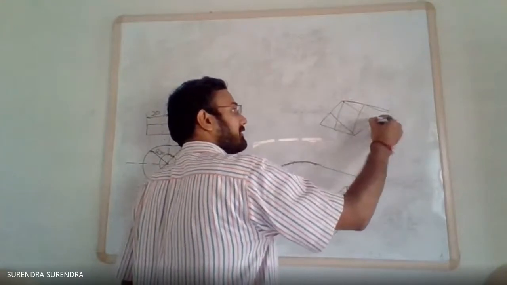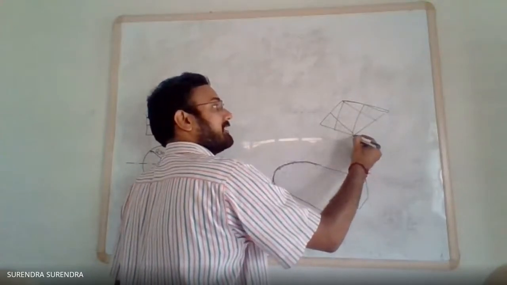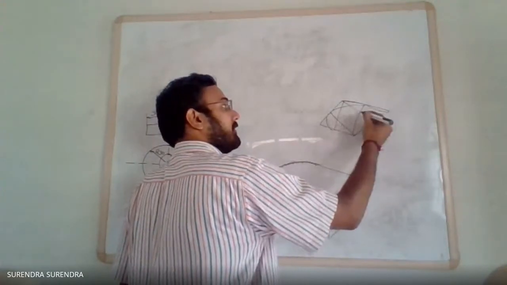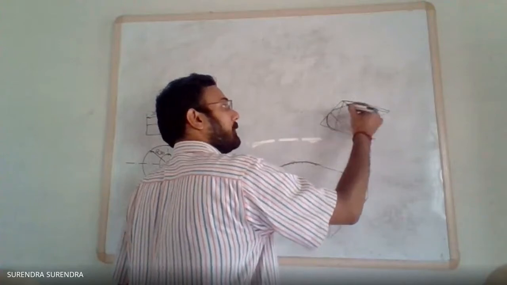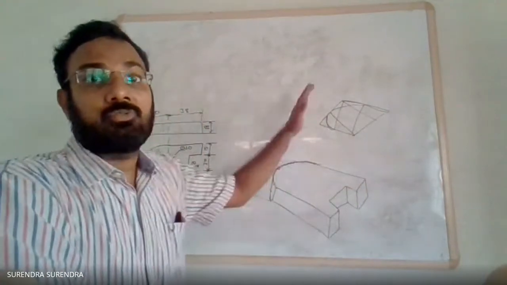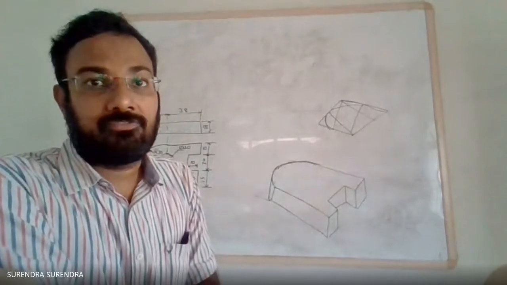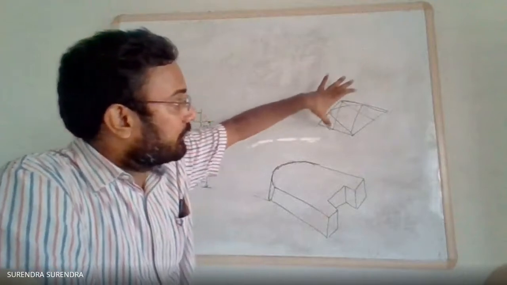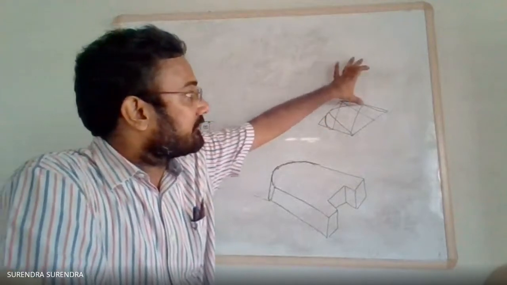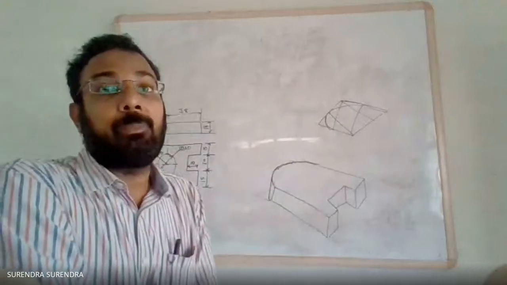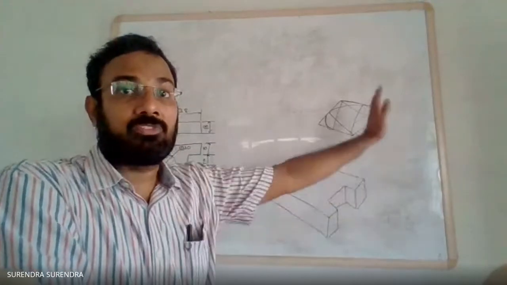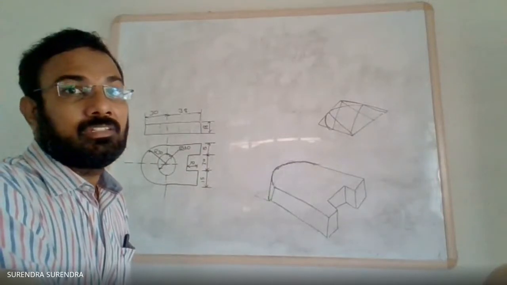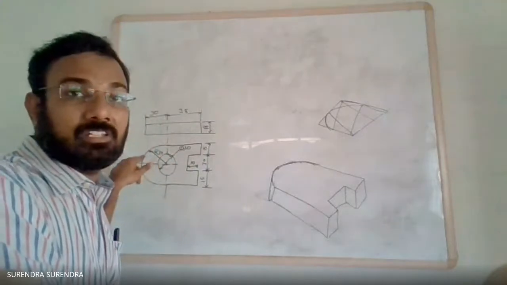This base corner as center, and this point as center. Only these two parts need to be joined, no need of the second half. Only from one midpoint to the other midpoint. We require only a semicircular ellipse between these two points. Bottom also, because it is a semicircular shape.